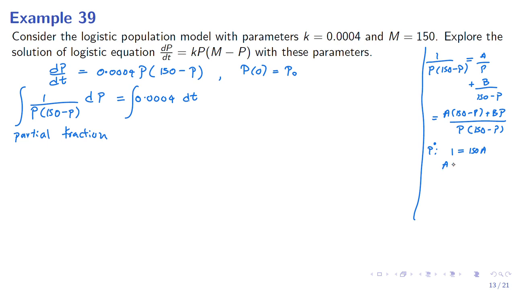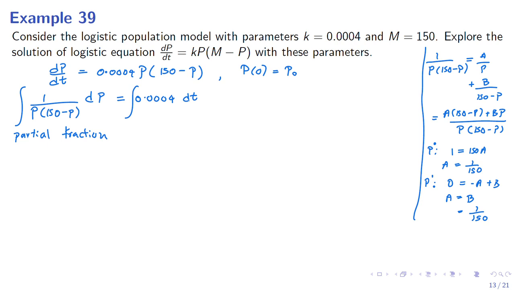So our A is 1 over 150. And if we consider the term with P to the power 1, on the left hand side we do not have any P term. On the right hand side we will have minus A plus B, which says that A equals B, which means the value of B is also 1 over 150.